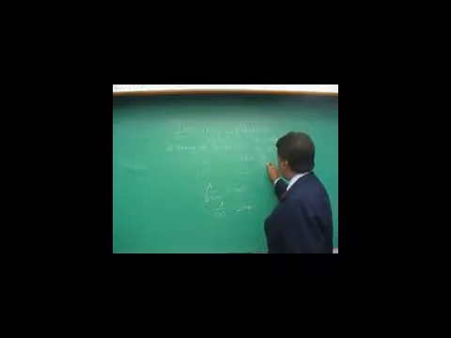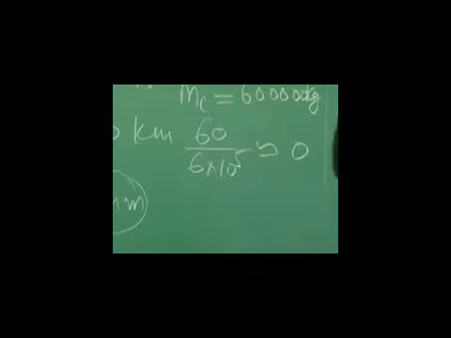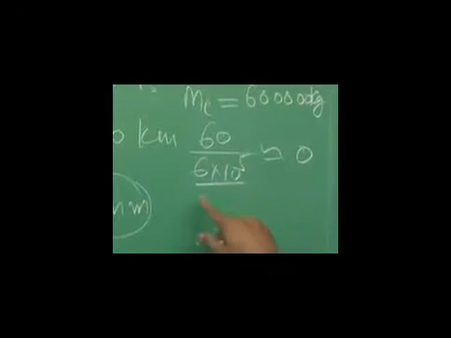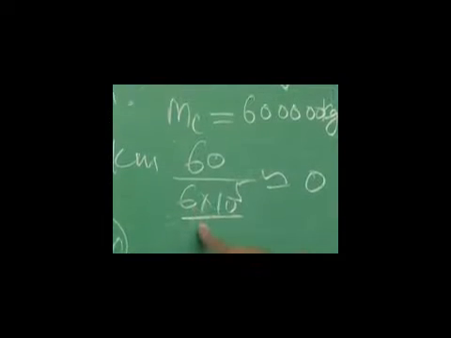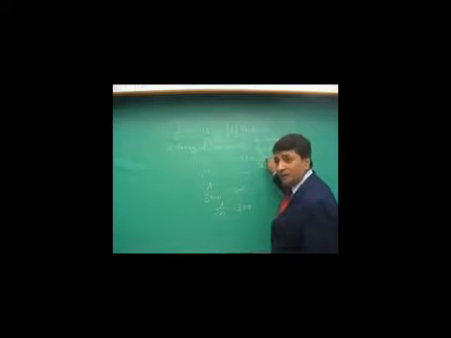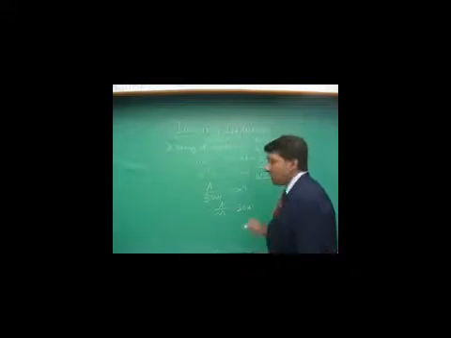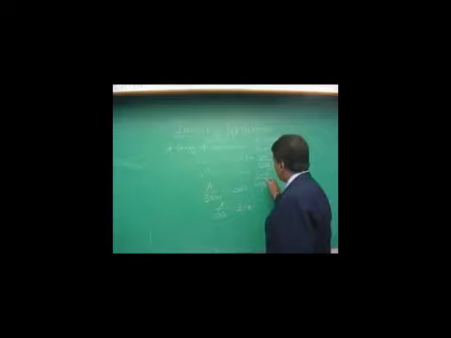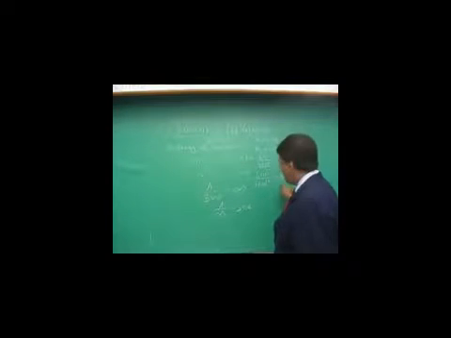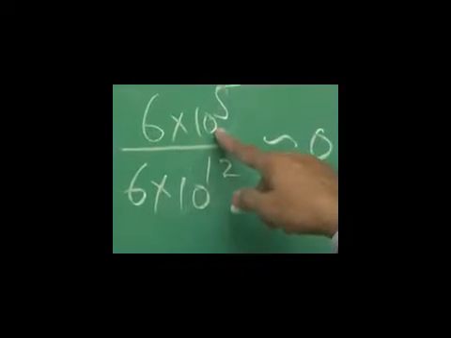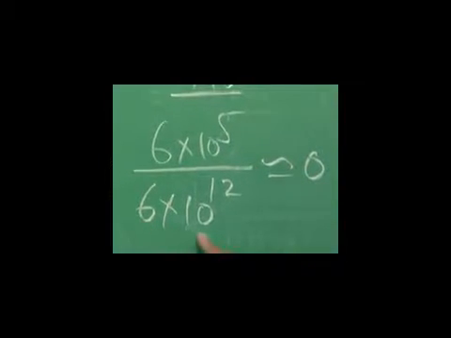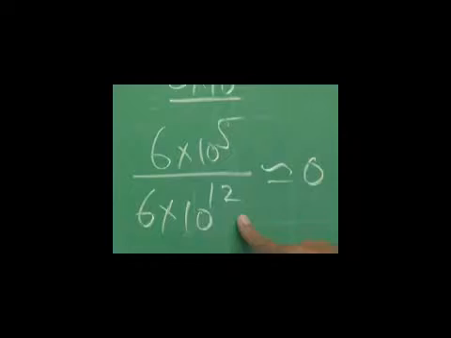When you divide 60 by 6 into 10 to the power 5, you get nearly 0. It means 6 into 10 to the power 5 is infinity for 60 kilogram. Similarly, 6 into 10 to the power 5 is the mass of the colony, and 6 into 10 to the power 12 is the mass of the city, so the ratio is nearly 0. It means for 6 into 10 to the power 5, 6 into 10 to the power 12 is infinity.